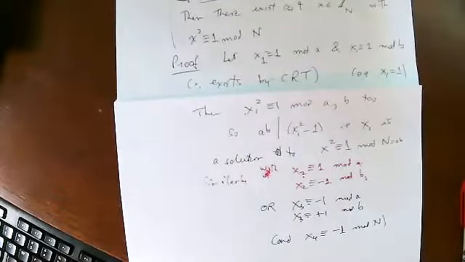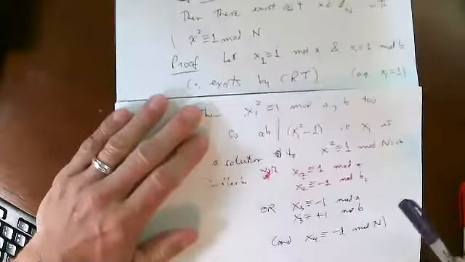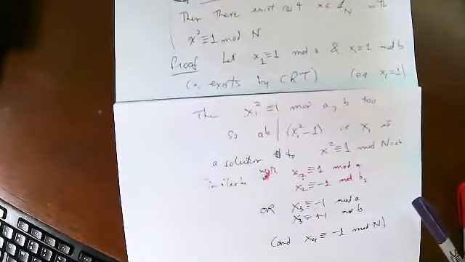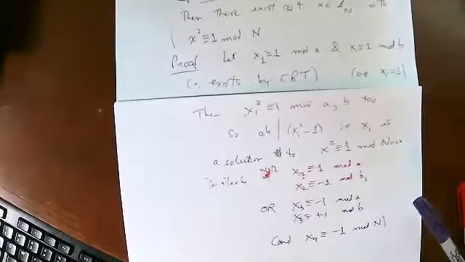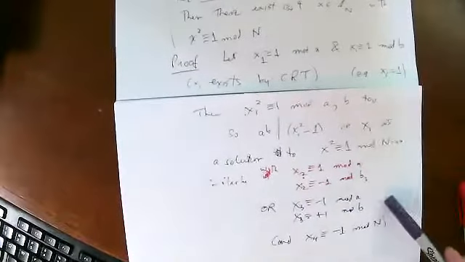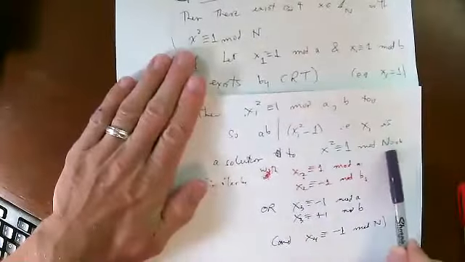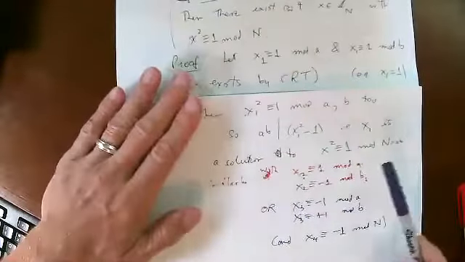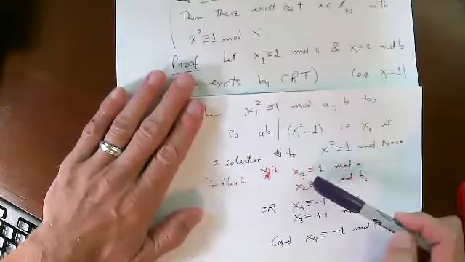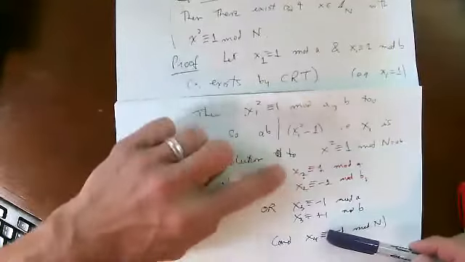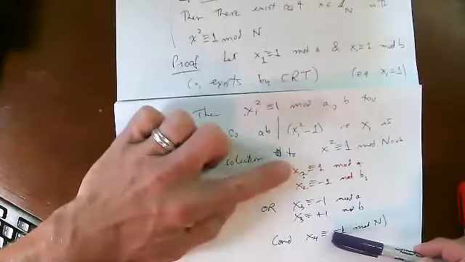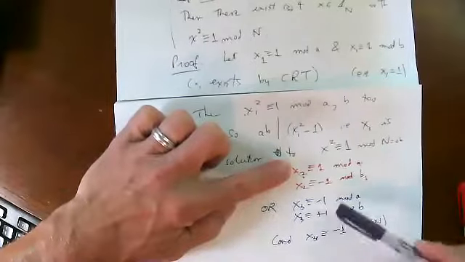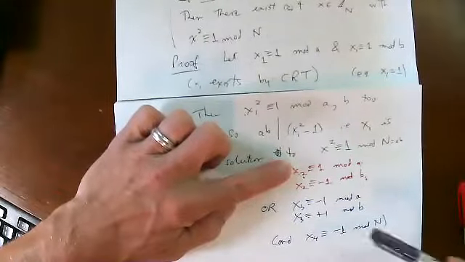So I've given you recipes for constructing 4 solutions to this problem. Now you do have to ask yourself whether or not those integers are different, whether or not there are different solutions to this problem in Z mod n. But in fact, for example, x2 and x4 cannot be the same mod n, because that would mean that their difference is a multiple of n.